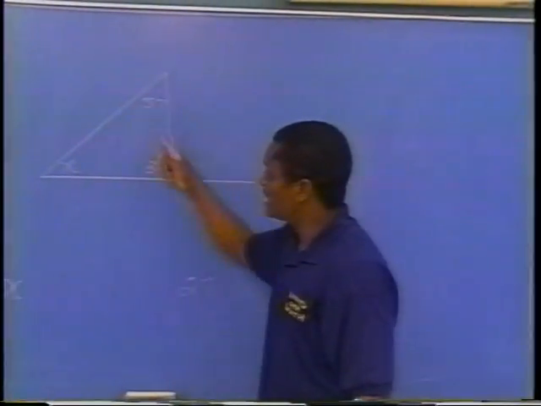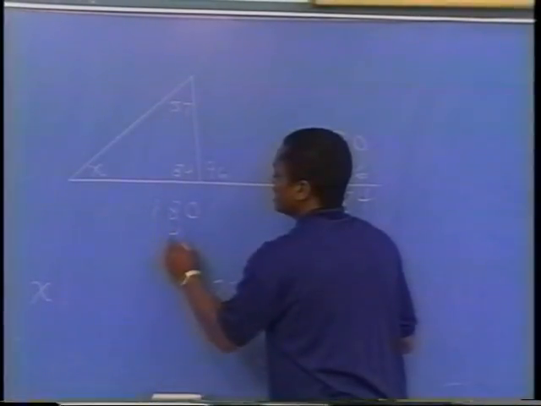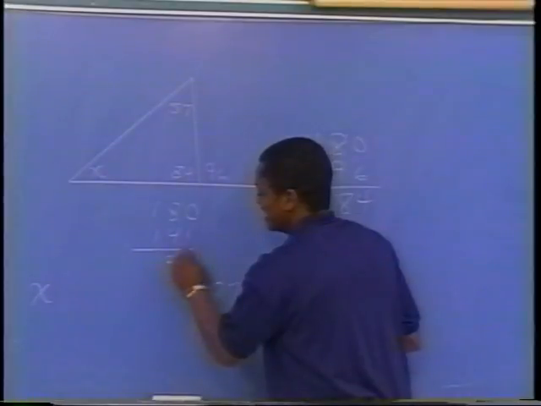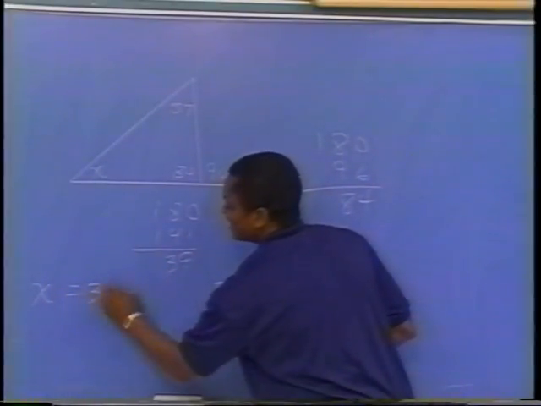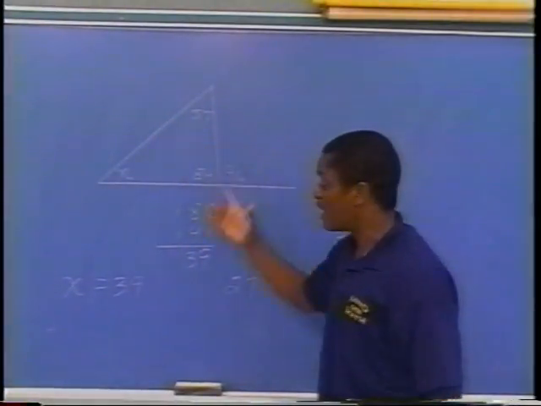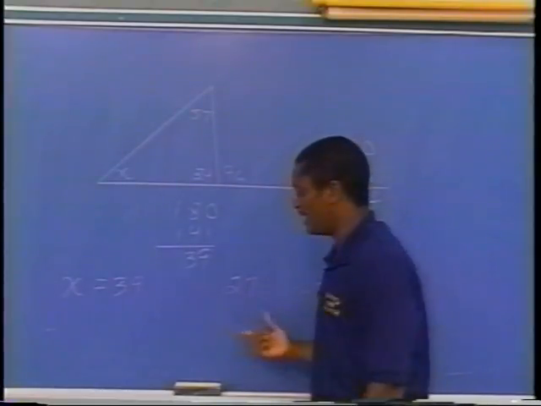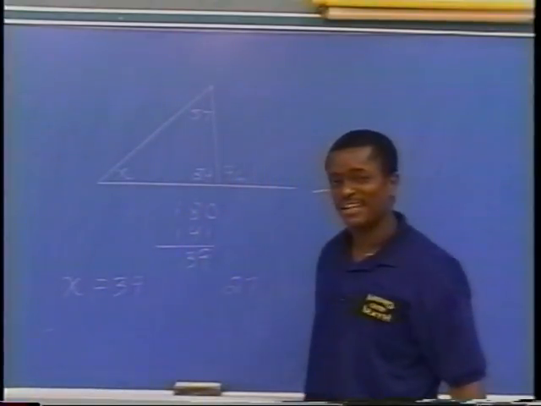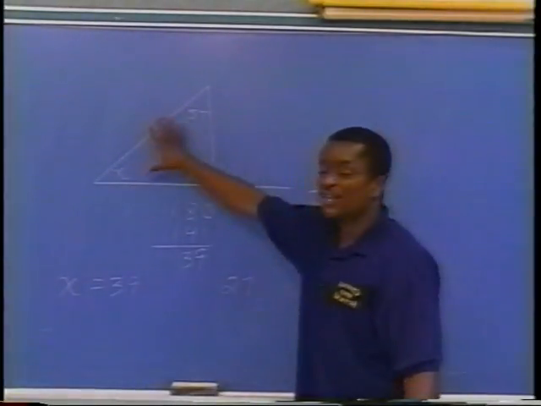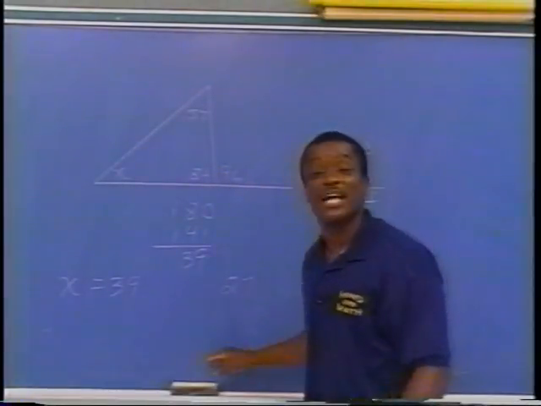Because 180 minus these two is equal to X. So 180 minus 141 in this case is 39. You're taking the SAT examination, you're given this geometric diagram, and you're comparing that with X in column A and 27 in column B. You're going to choose column A every time if you take this approach using those concepts that we identified and employed. It's that simple. Let me show you another one.